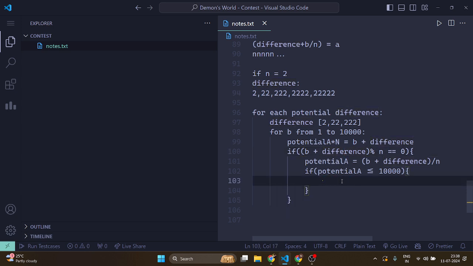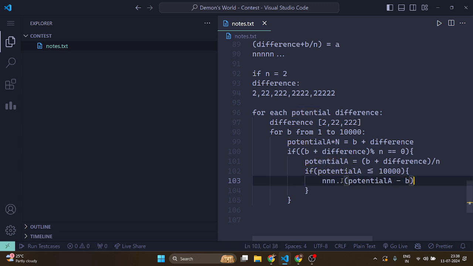So basically, n is how many times? Potential A minus B times, right?